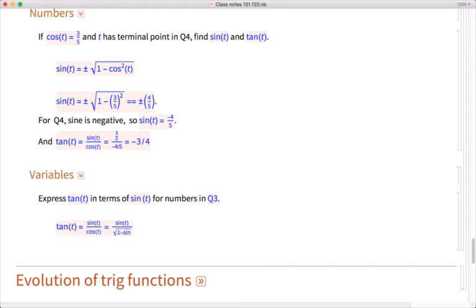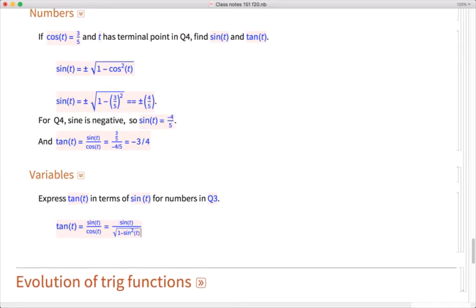So this will be sine t, and downstairs we're going to have to replace the cosine with square root 1 minus sine squared t. As we do that, we need the plus and minus possibility down here, and now we just have to worry about making the correct choice.